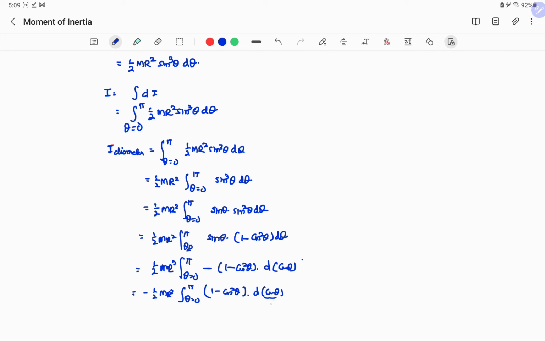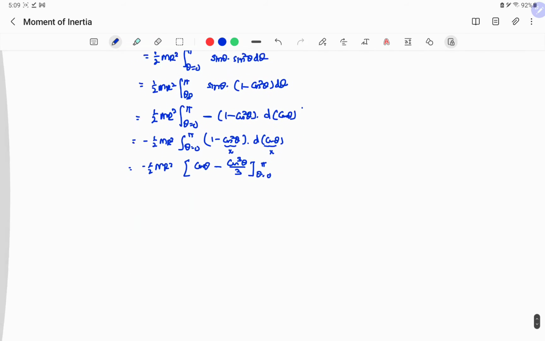Here this cos theta can be treated as x, so we will have minus 1 by 2 m r square, and integral of 1 is x, that is cos theta, minus, and this is x square, and integral of x square is x cube by 3, so it is cos cube theta by 3, and the limits are theta equal to 0 to pi.